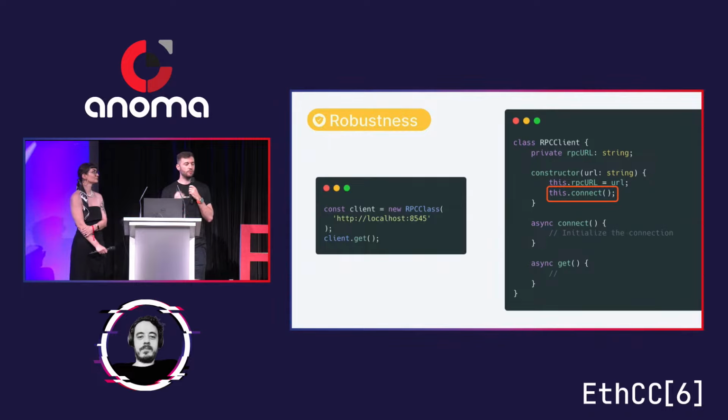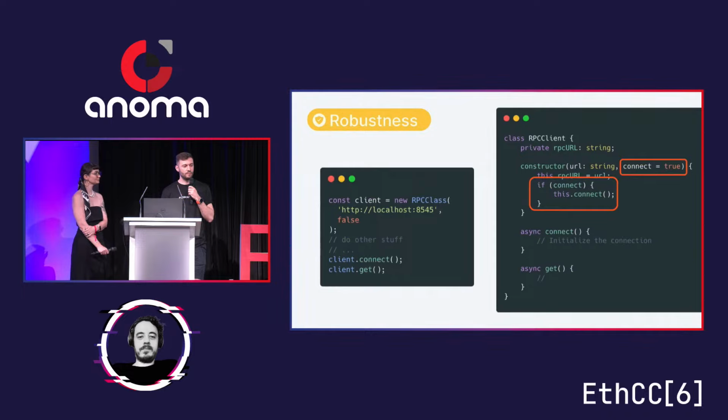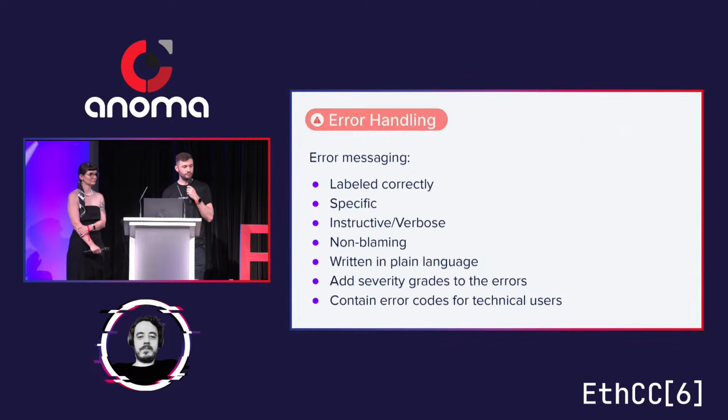So then they won't forget to write the connect line. It's much easier to get things right. You can also, if you want optionality, add an argument that is by default true, so it tries to connect right away, but you can disable that.